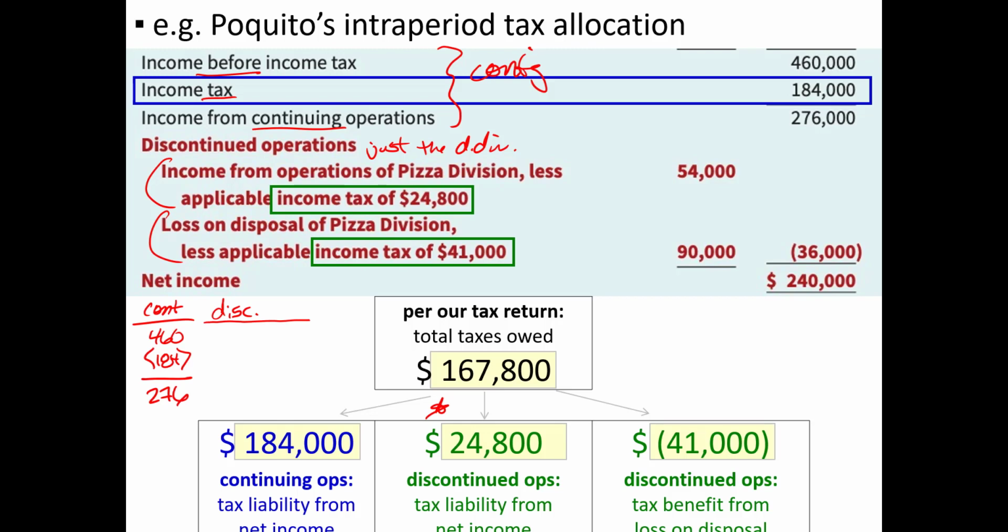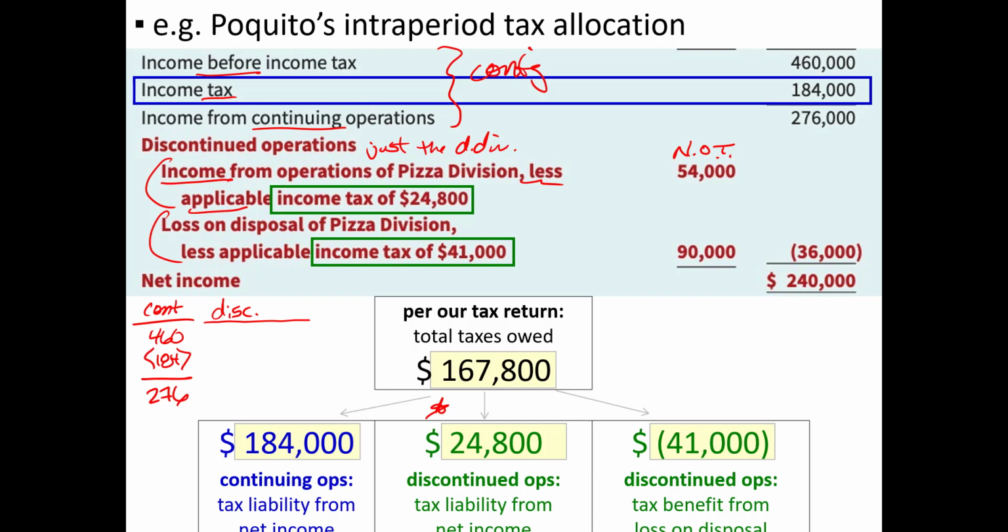Okay. What we see here isn't necessarily very clear, but that's okay. What I do see is income from operations less applicable income tax. In other words, these numbers are net of tax.